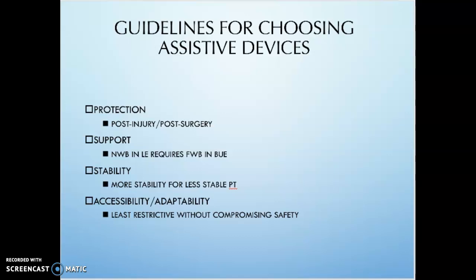You can't use a single point cane or a single axillary crutch safely and maintain non-weight bearing. So as soon as somebody's non-weight bearing, they're going to need a two-handed, if you will, upper assistive device to provide that stability. Obviously, there are a lot of differences in patients and their needs, and we'll choose an assistive device accordingly.